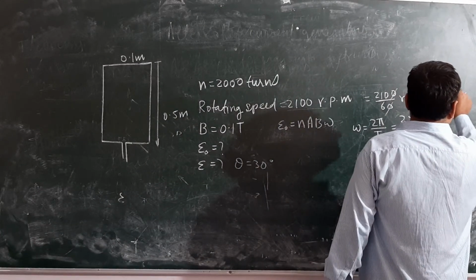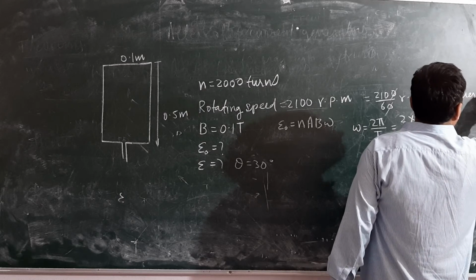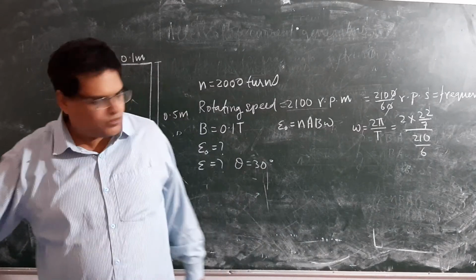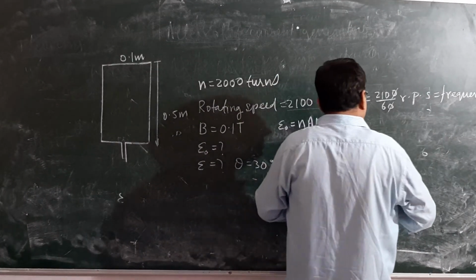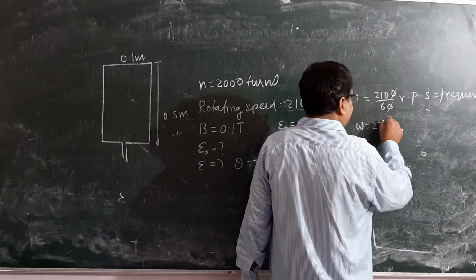This is the frequency of rotation. This much revolution per second is the frequency of revolution, not the time period. So we can find out omega by using the formula 2 pi n. So we can write omega is equal to 2 pi n.